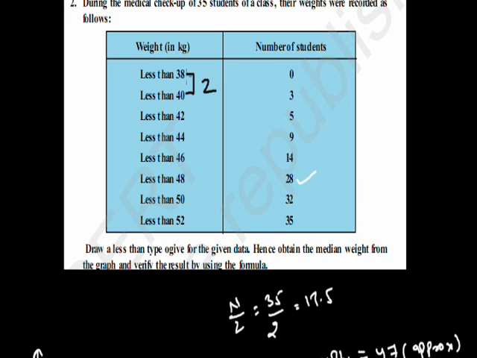So we can convert it into class interval form: 36 to 38, 38 to 40, 40 to 42, 42 to 44, 44 to 46, 46 to 48, 48 to 50, and 50 to 52.